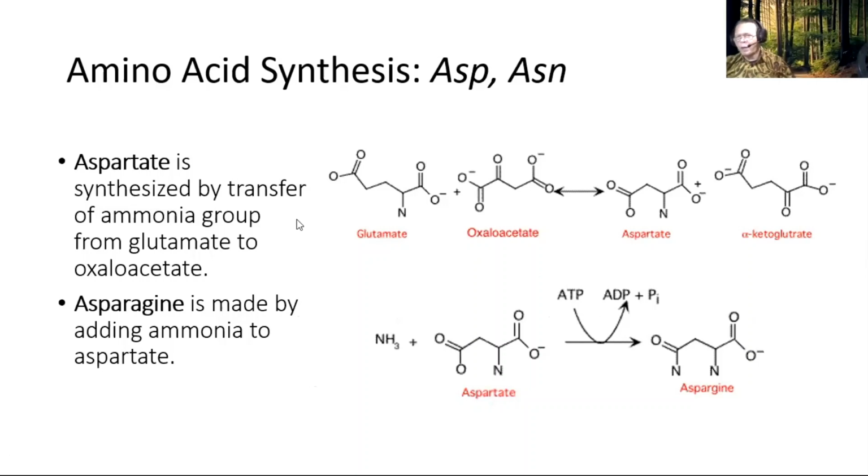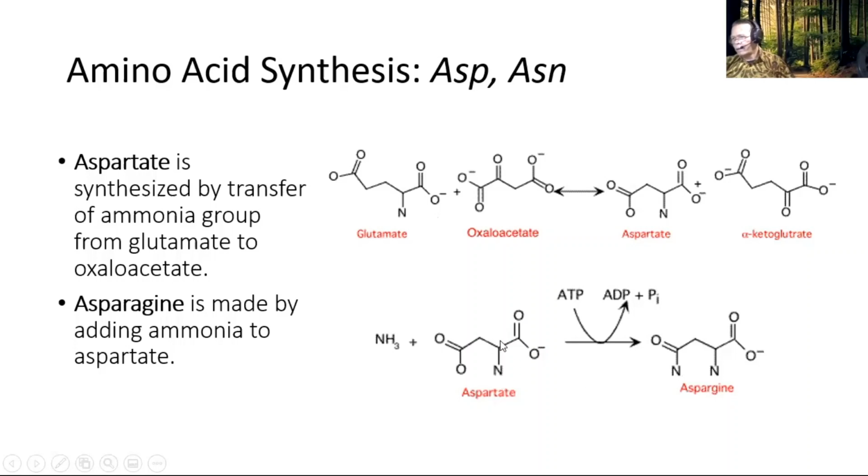Let's see this one. Glutamate and oxaloacetate will be converted into aspartate and alpha ketoglutarate, and aspartate will be converted into asparagine.